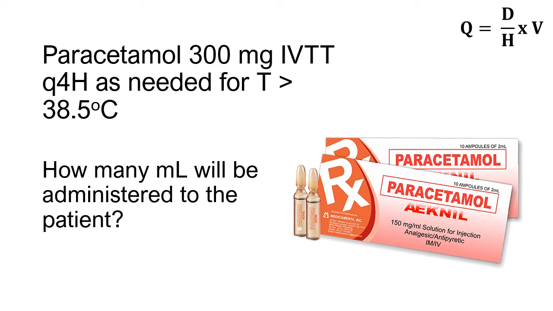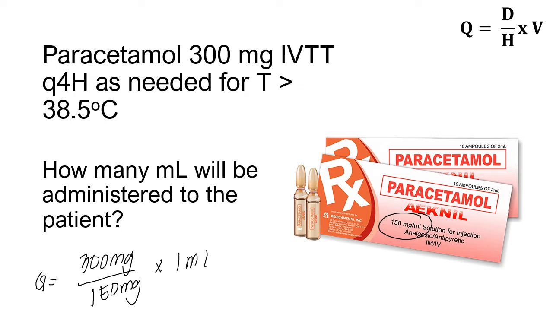Now, let's look at this example. If we will be doing the computation for this one, you can notice that the desired dose is already different than the previous one. So if you apply the formula, Q is equal to the desired dose of 300 milligrams divided by the dose at hand, which is still 150 milligrams, times 1 ml.